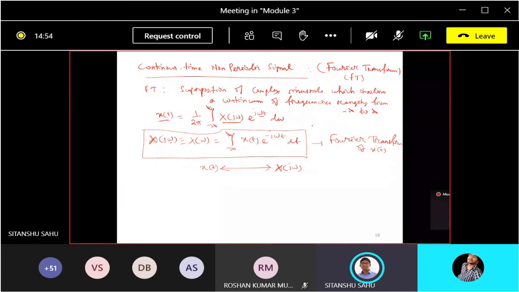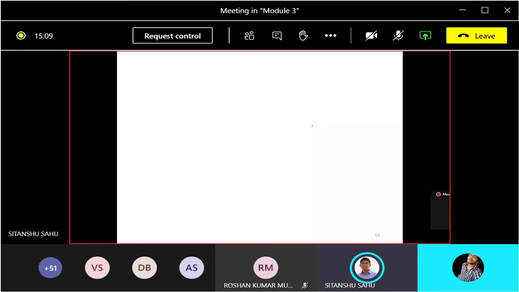But remember, in the discrete time Fourier transform we have frequency only from 0 to 2 pi, and that is periodic, so the spectrum goes on repeating after every 2 pi interval.